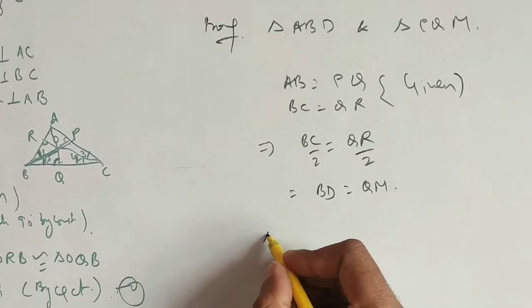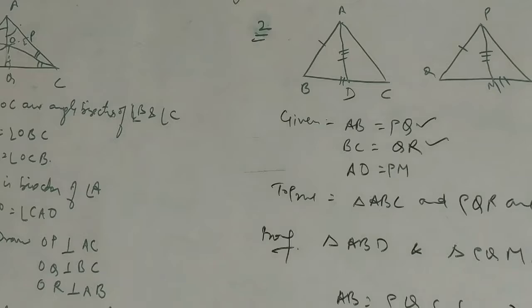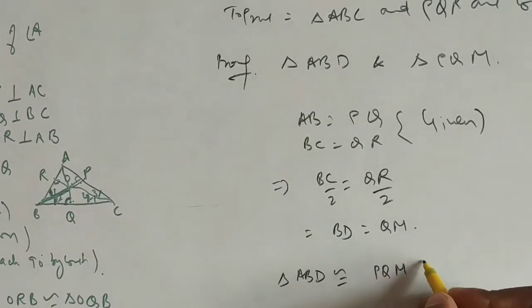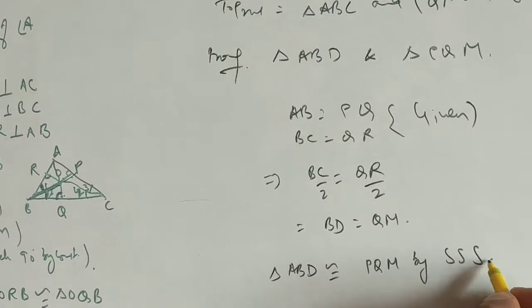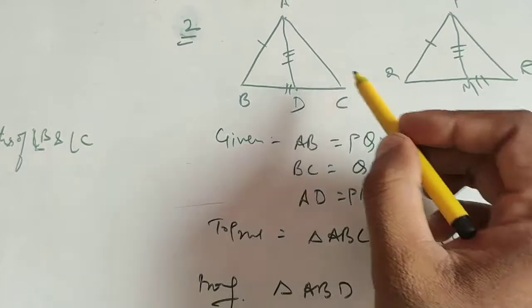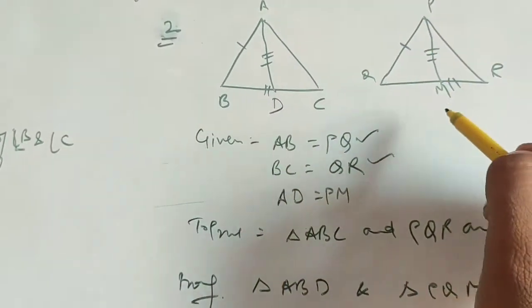So in this triangle ABD will be congruent to PQM by SSS. All three sides are equal. Listen, BD is equal to QM, but we have got now AB is equal to PQ is given, AD is equal to PM is given.